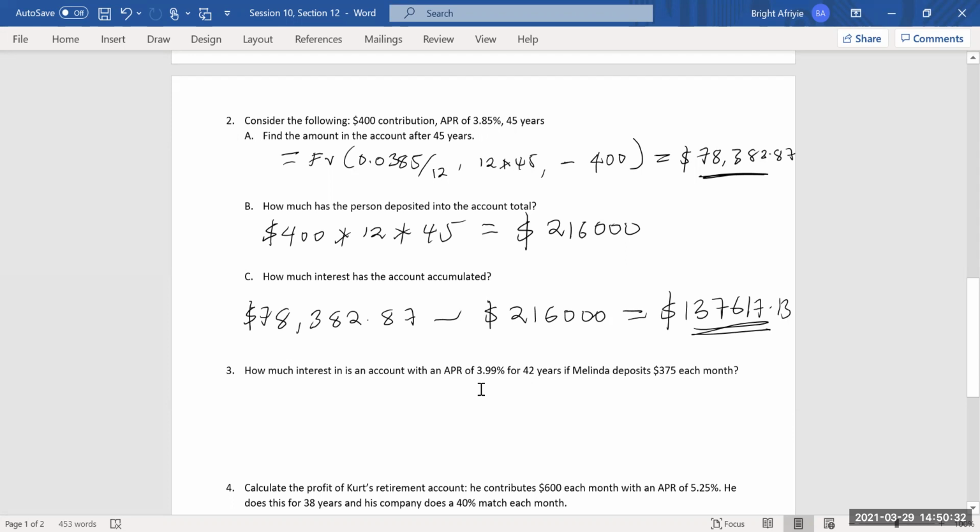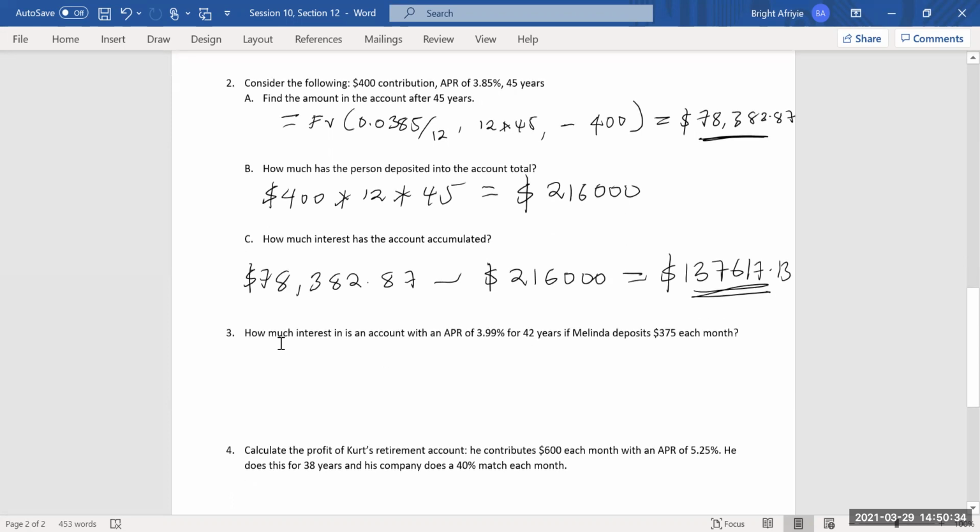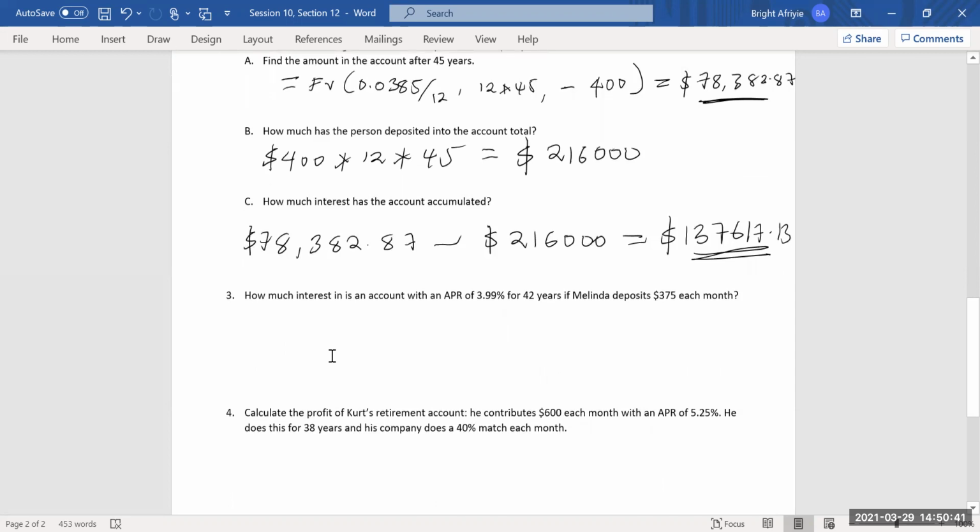Nice. Now you want to know number 3. Can we go to number 3 now? So how much interest is in an account with an APR of 3.99% for 42 years if Melinda deposits 375 each month? So first, you have to use the FV function to know the balance at the end of 42 years.